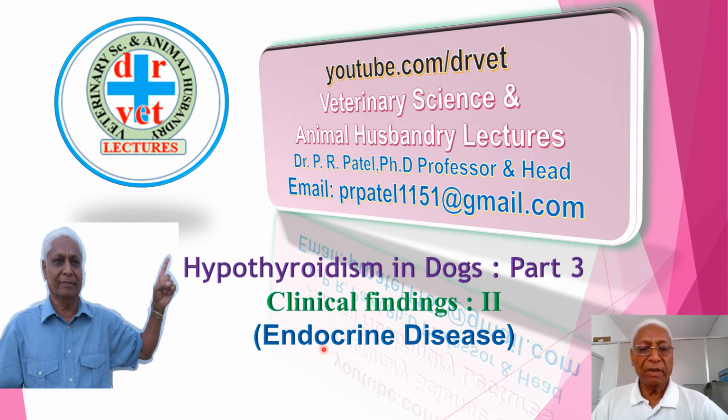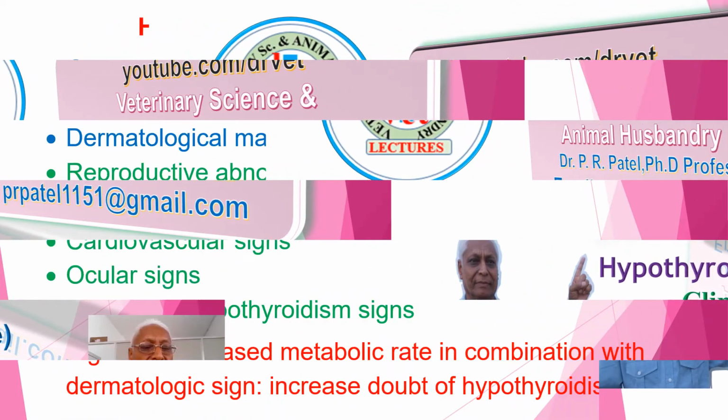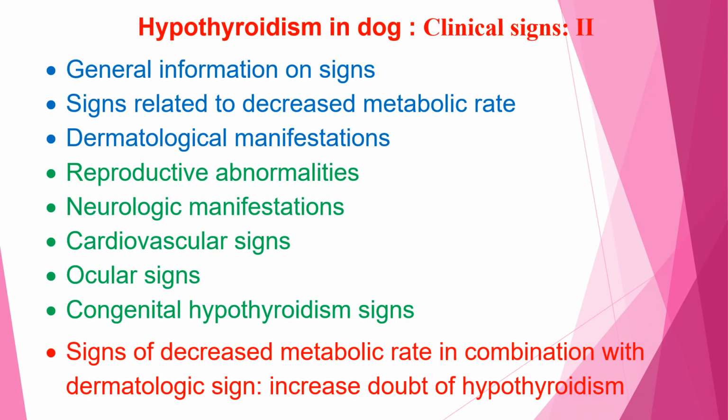This is an important endocrine disease and it is frequently occurring at about 1% among the diseased population. Hypothyroidism is very common in dog, so we present here the signs in dog.